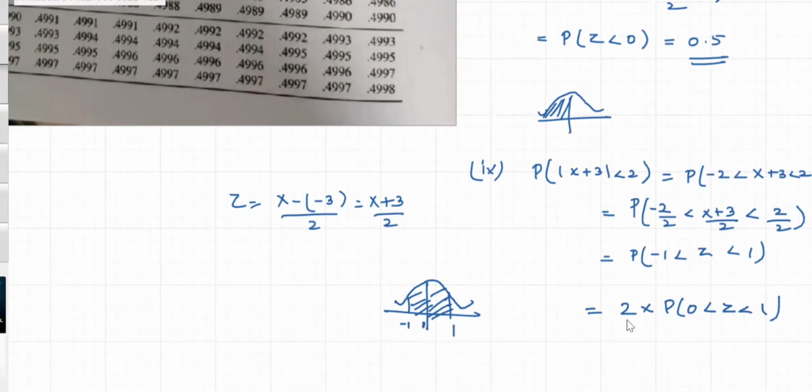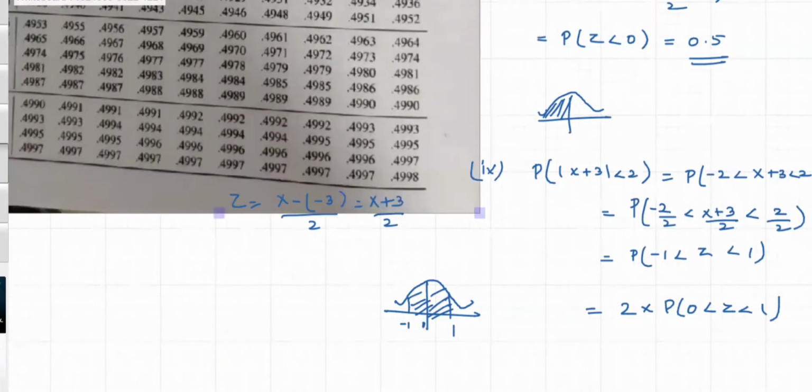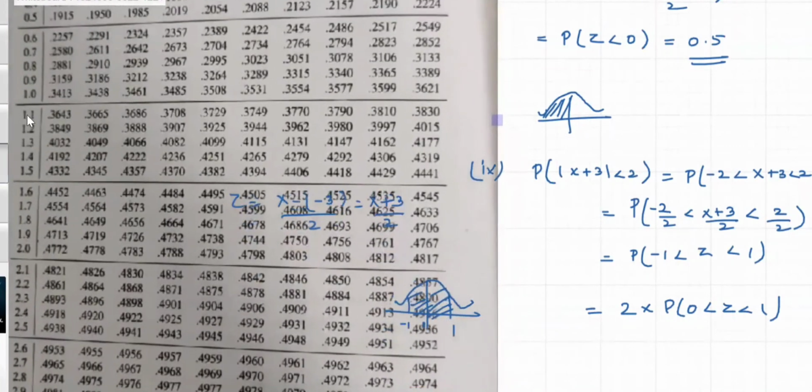That's why we are taking 2 times probability that z is between 0 and 1, and the value you will get from the table corresponding to 1.0 in the first column, and the answer is 2 times 0.3413.